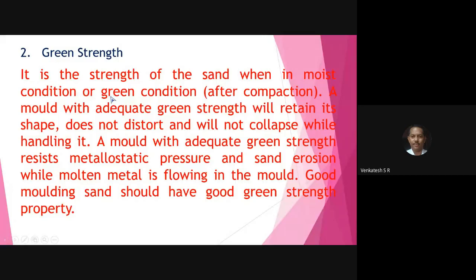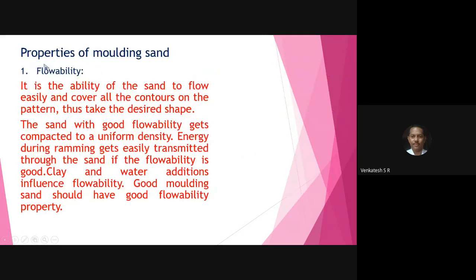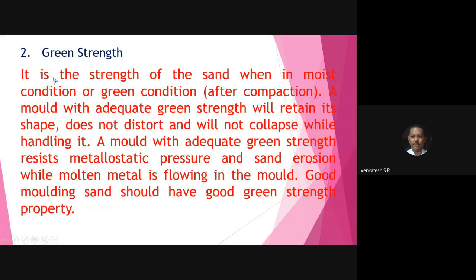After compaction of the mold cavity with the green sand, the mold is still in moist condition, and the strength of the mold is called green strength. Now, first write down the title, properties of molding sand. Below that, write down number one, flowability. Number two, green strength.